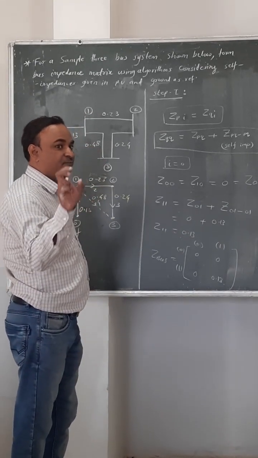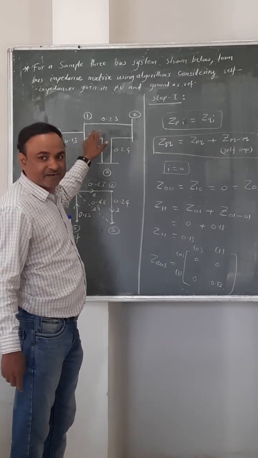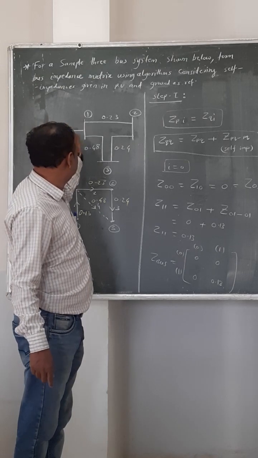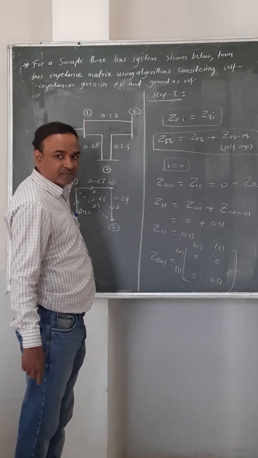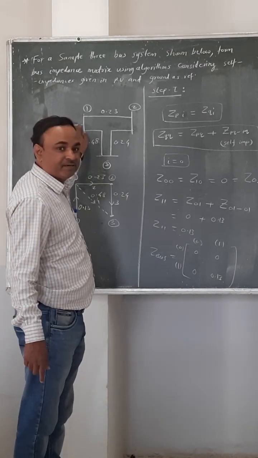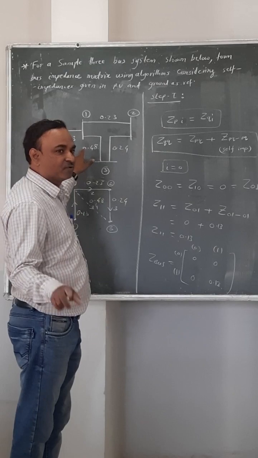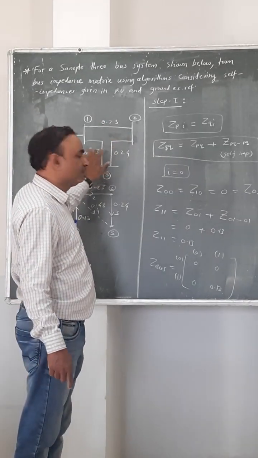First of all we have to identify how many elements. It can be identified easily: wherever values are given or something is connected, that is considered an element. So this is one element, this is another element, and so on. The total number of elements is 1, 2, 3, 4.